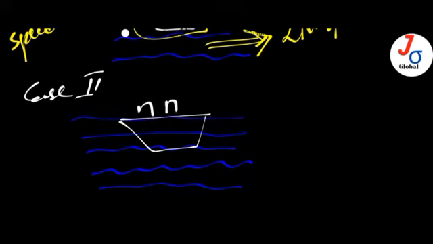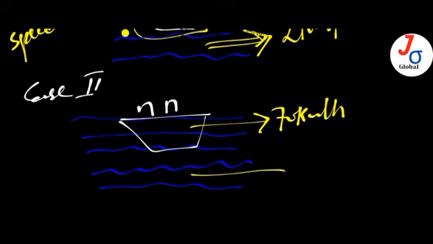The ship is moving with the same speed, the same direction, 70 kilometers per hour. But this time around, the ocean is moving in the opposite direction to the ship, at 5 kilometers per hour.